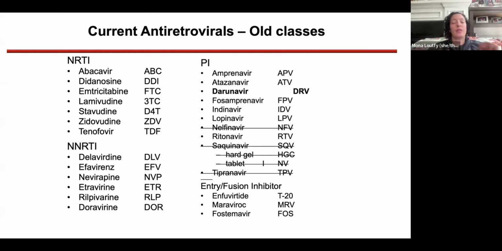Like the T, or there might be a cytosine analog, like the C. As reverse transcriptase is making copies from the DNA that's been integrated into the human DNA, these drugs are nucleotide analogs, and they get put in by reverse transcriptase as it's making copies, and they cause chain termination.